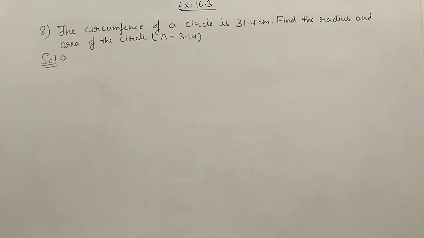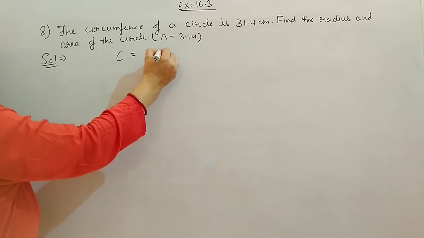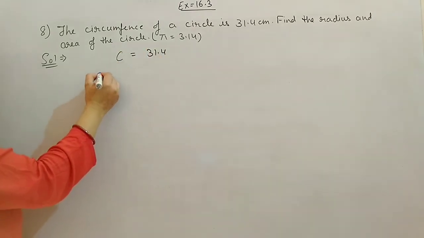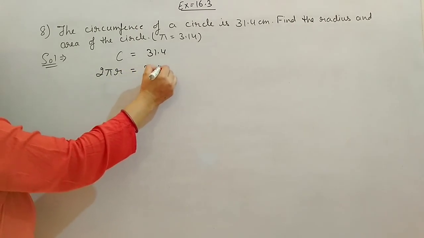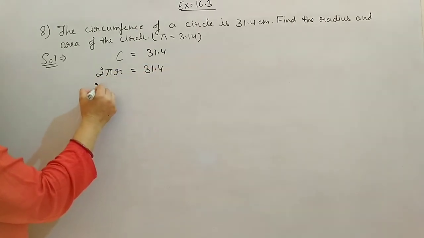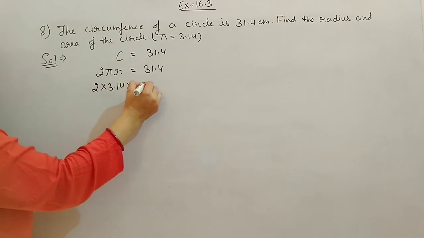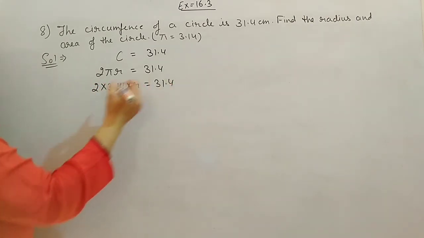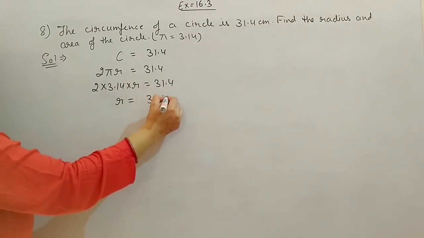Next, question number 8. The circumference of a circle is 31.4. Find the radius and area of the circle. The circumference is given here as 31.4. The formula for circumference is 2 pi r is equal to 31.4. Here we have to keep the pi value as 3.14, multiplied by r is equal to 31.4. Keep r on this side and shift the remaining numbers to the other side.